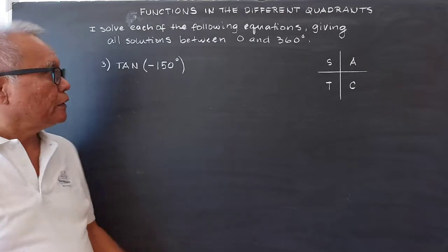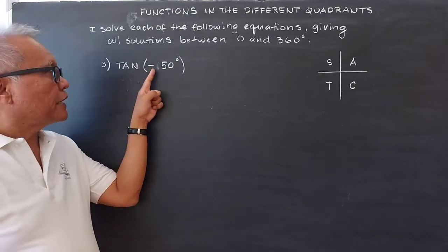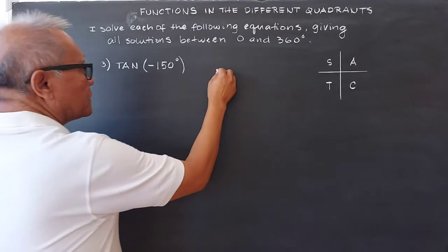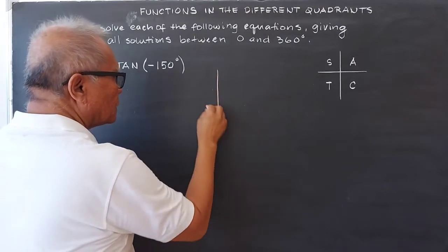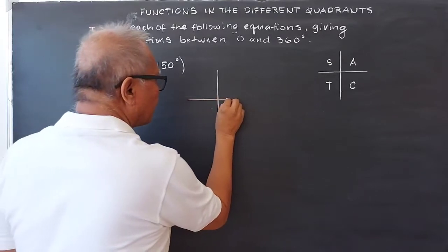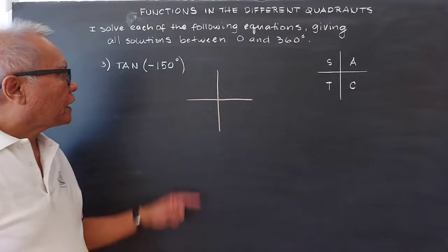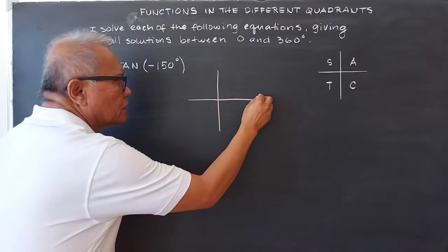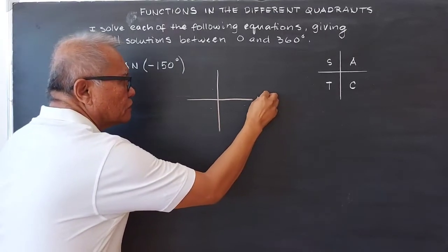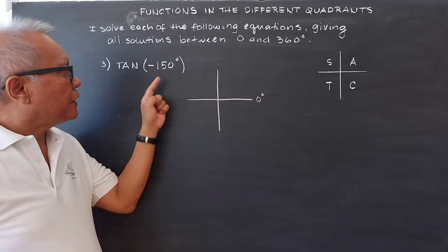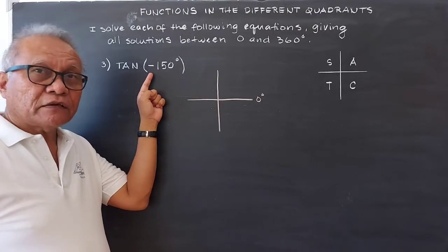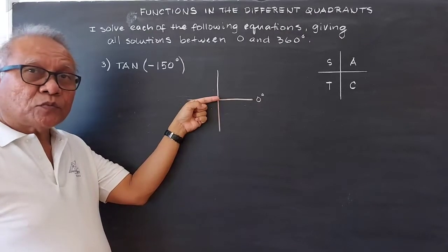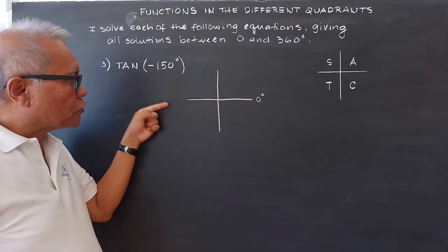Number 3, we have tangent of negative 150 degrees. So first, let's have our quadrants here and locate the negative 150 degrees. This is always the standard position of 0 degrees, and when we have a negative angle, the terminal arm is going to move in a clockwise direction.